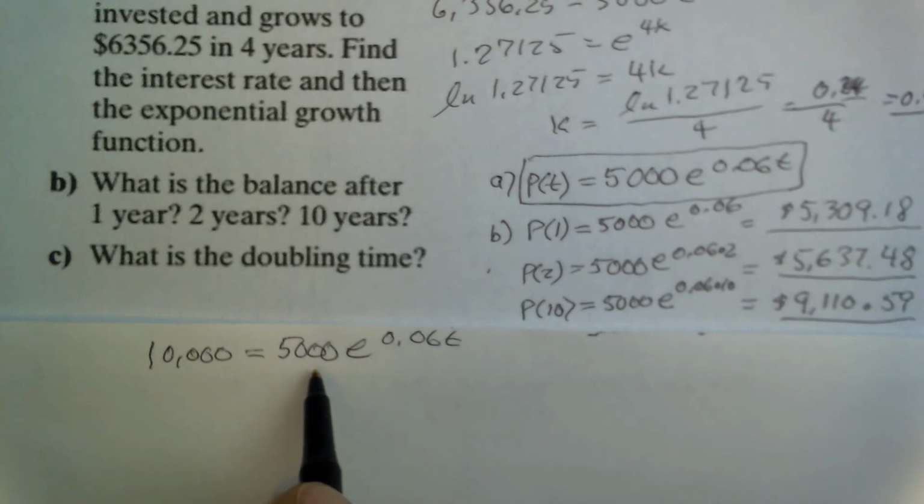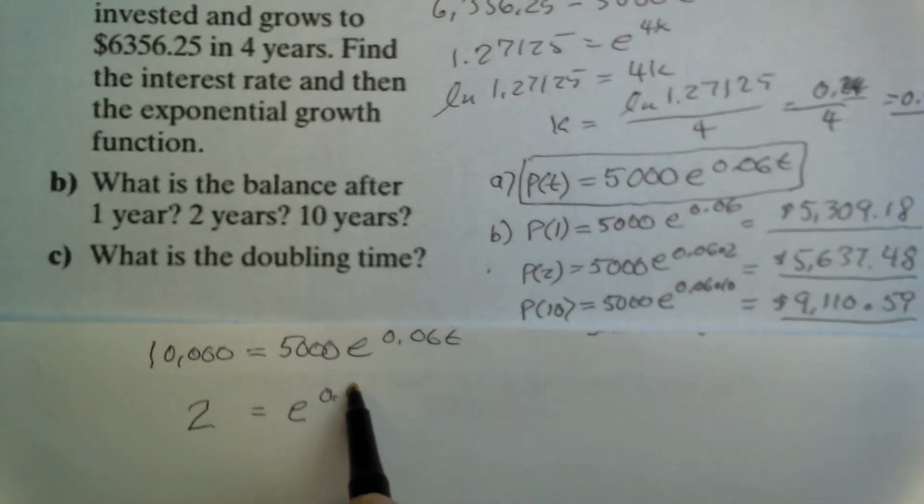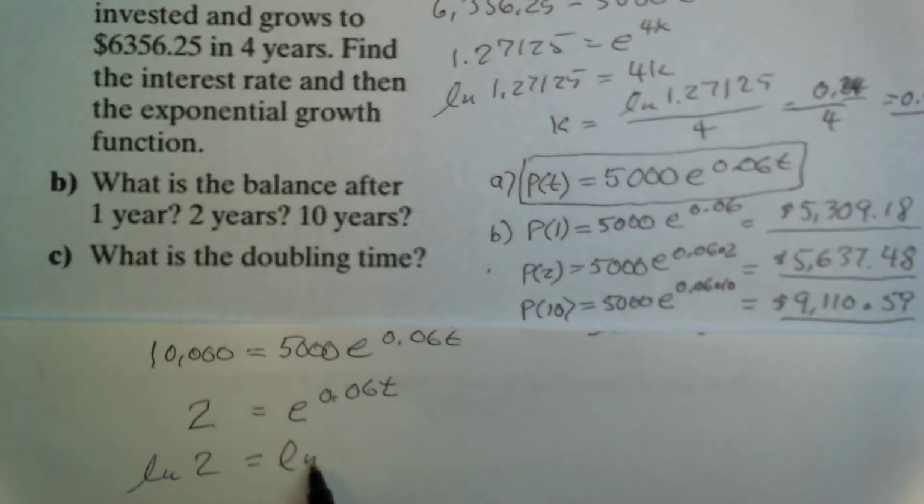We divide both sides by 5,000. 10,000 divided by 5,000 is 2, and that's equal to e to the 0.06t. Now, when we take the natural log on both sides, ln of 2 equals ln of e to the 0.06t.